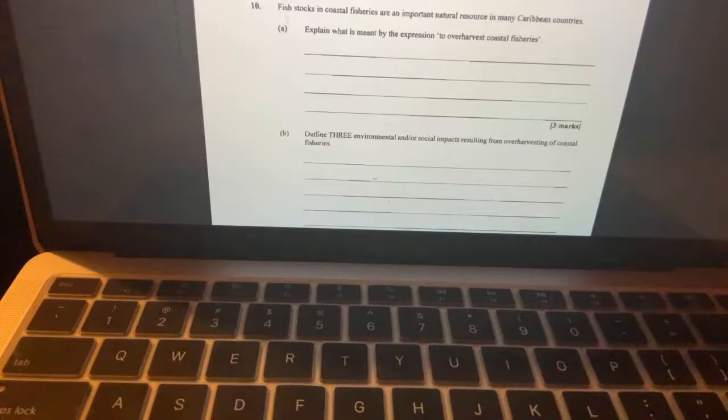All right, Devontae. Future generations have access to the same resource. Great thinking, Tavan. Anybody linking it to the society?